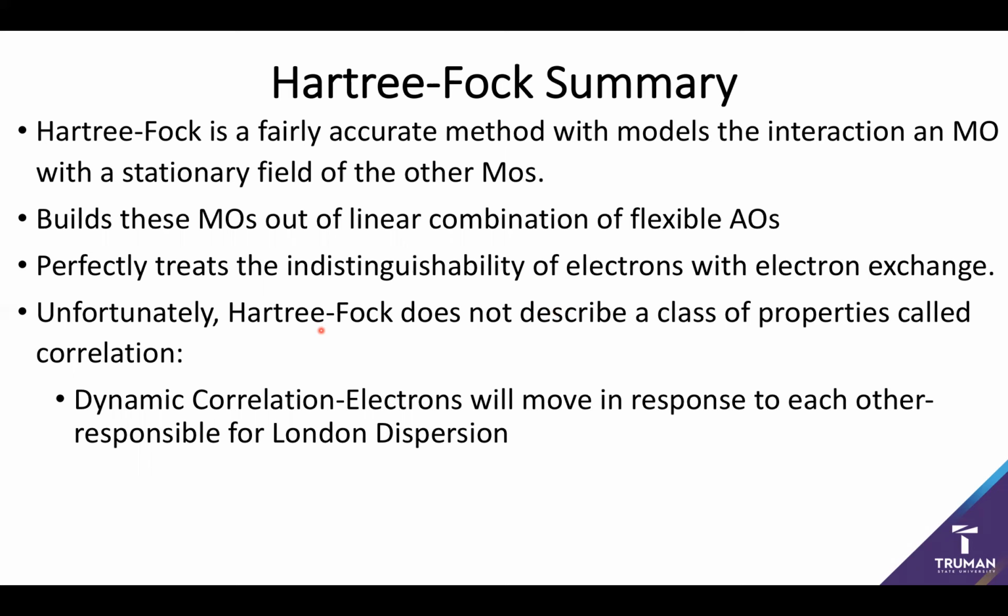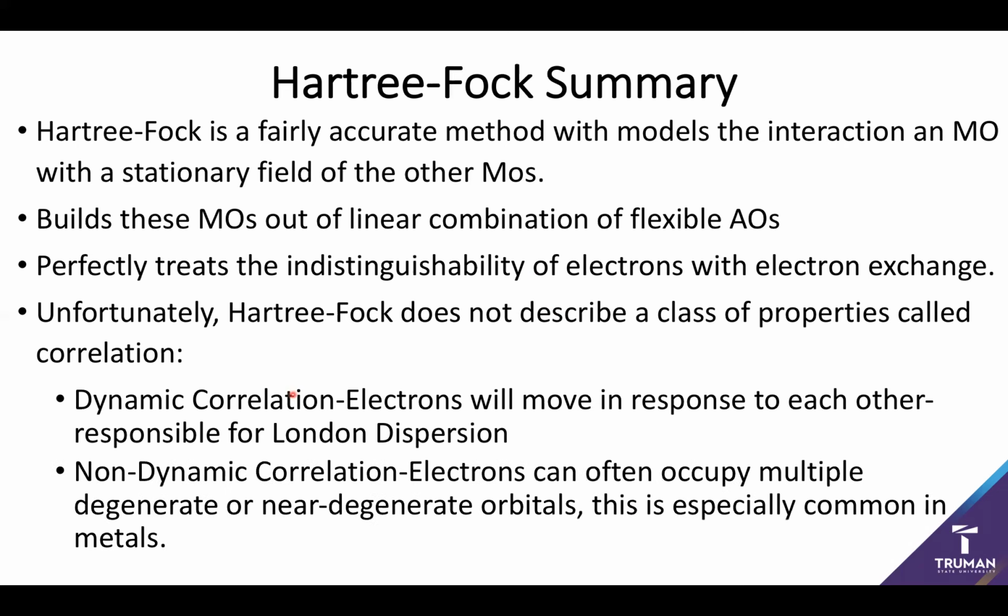I have a static field. I have no coordinated movement. And as a consequence, it tends to miss a fair bit of things, such as anything like London dispersion, where I have induced dipoles, because induced dipoles are electronic movement. So it can do a fairly poor job of a lot of those intermolecular properties.